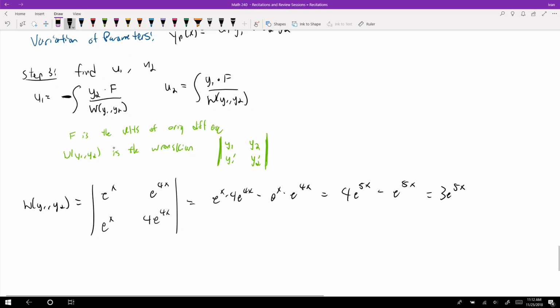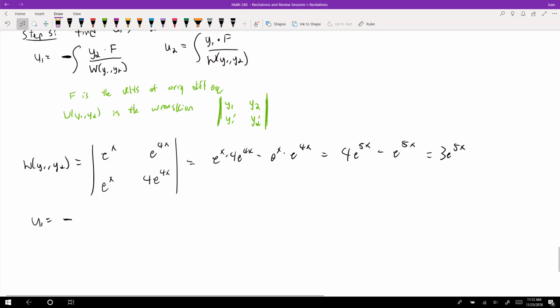Okay? So now, if we solve for u1, what is that? Well, it's negative integral, and then y2 is e to the 4x, times f, which is 7x e to the 4x, divided by the Wronskian, which is 3 e to the 5x.